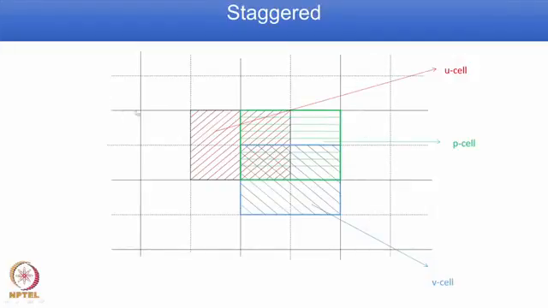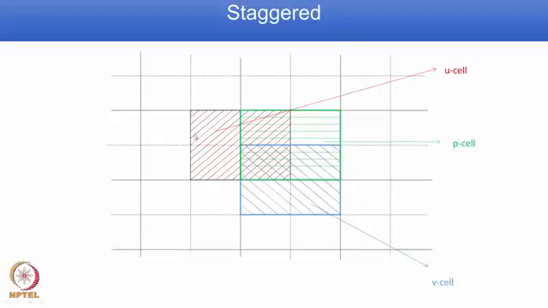Similarly, there are thick horizontal lines with a dashed line in between 2 horizontal lines. We have already seen the staggered grid: the velocity variables are stored at staggered locations, and pressure or any other scalar is stored at some other location.